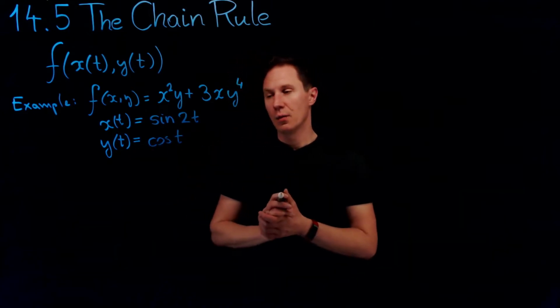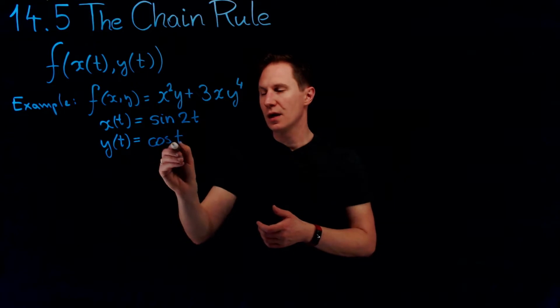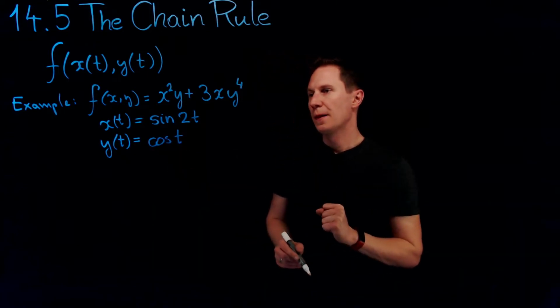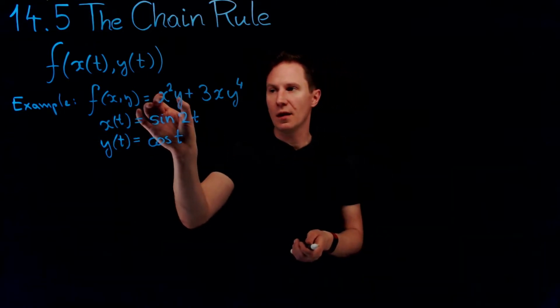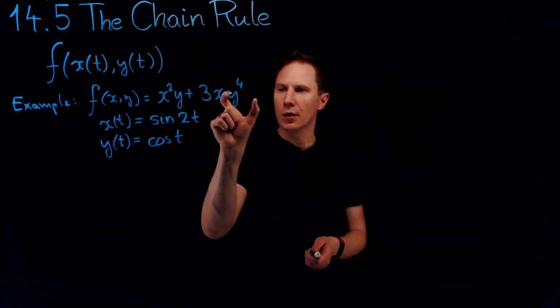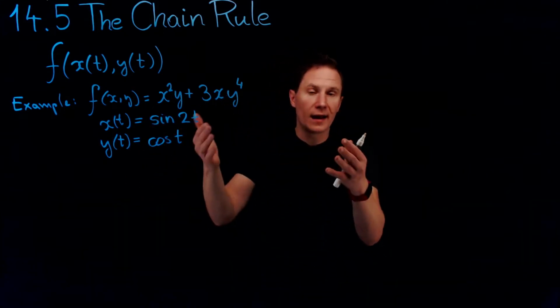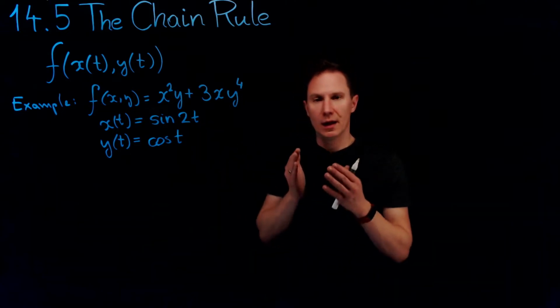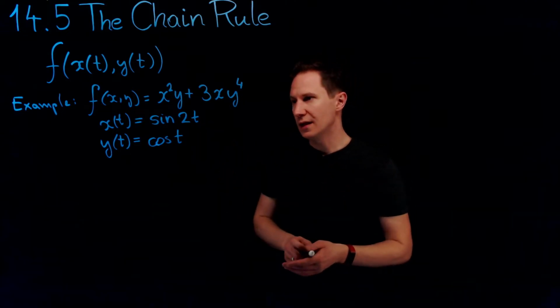So that's the dependence of x and y on t. If you would substitute for x sine 2t and for y cosine of t, you would get a function of a single variable t.